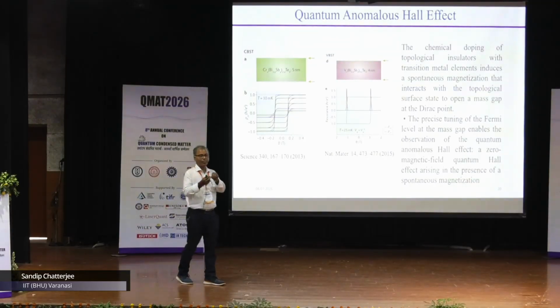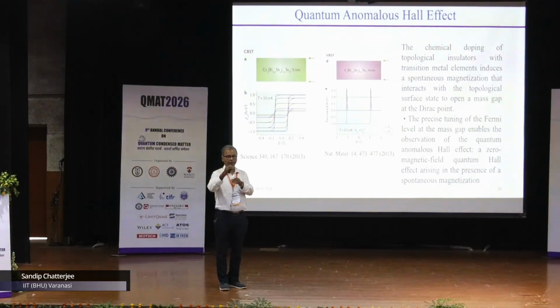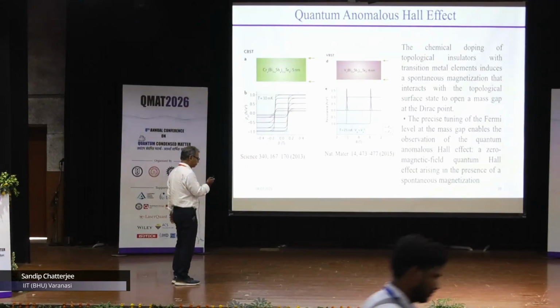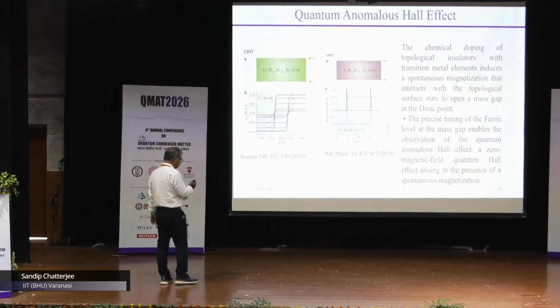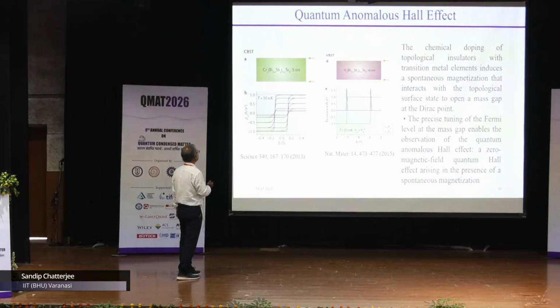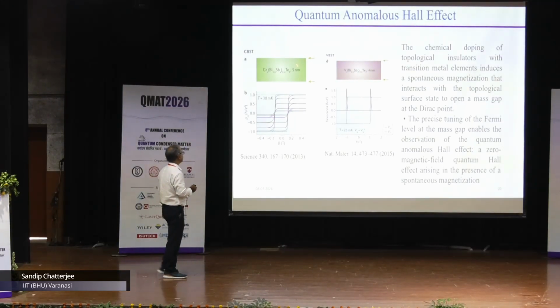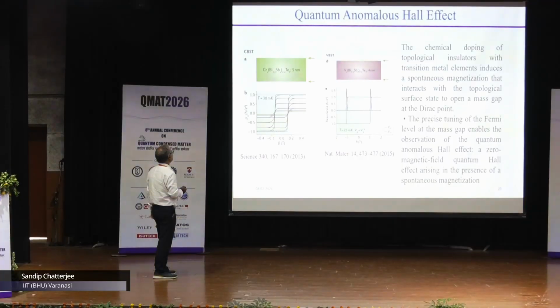That mass gap is observed because of magnetic impurity doping, or the heterostructure, that is, because of the proximity effect. So you have to precisely tune the Fermi level in the surface gap that is induced due to the magnetic doping. It was first discovered in 2013 in the chromium bismuth antimony telluride system and the vanadium bismuth antimony telluride system.